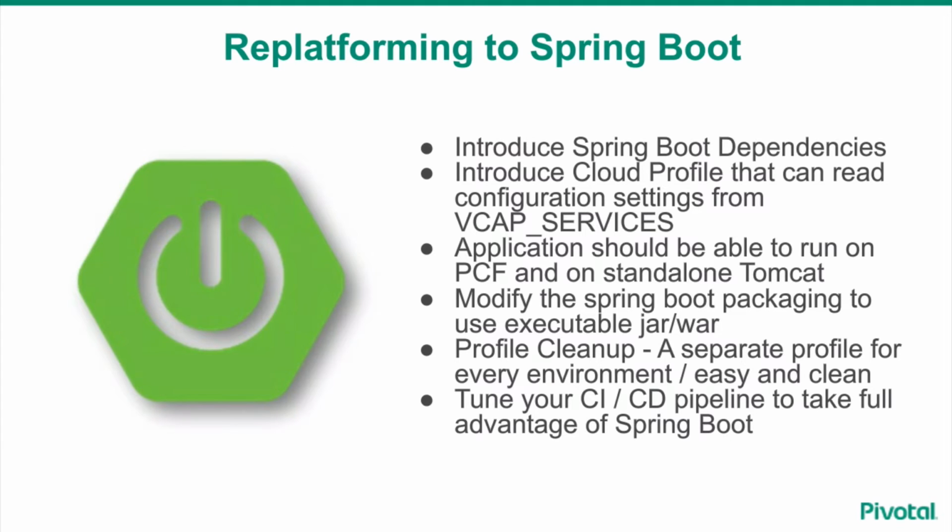Cloud Foundry uses an environment variable called VCAP_SERVICES to exchange connection information and credentials and things like that, configuration between the Cloud Foundry system and the container or virtual machine that your app is running in. That's the exchange point. Your application should also be able to run on PCF and on standalone Tomcat. Ideally you'd be able to run it in either place, right?